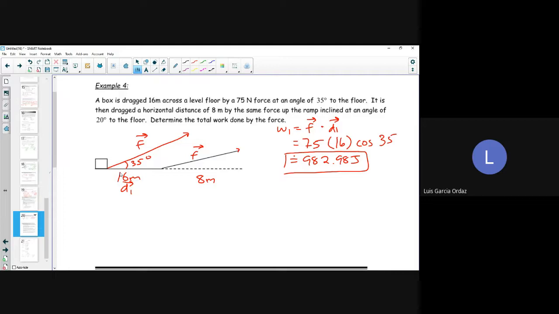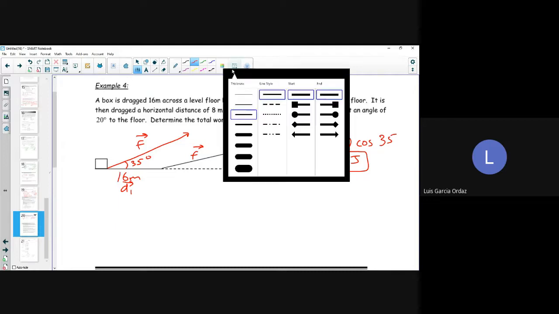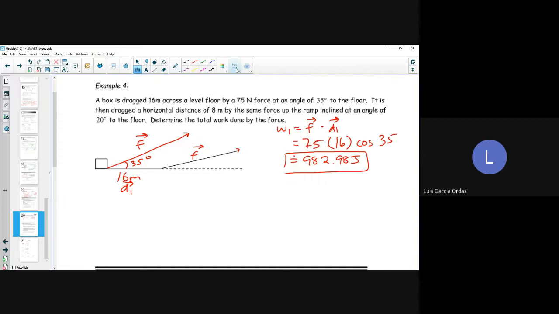Now I have to figure out how much work was done in the last 8 meters. My second work is actually up a ramp.